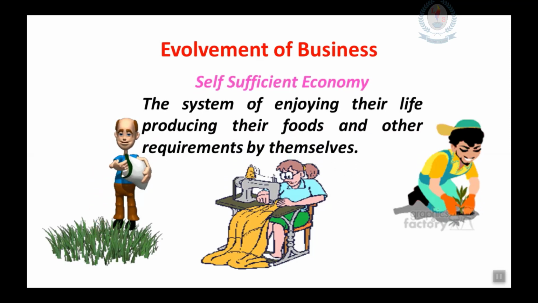It is called a self-sufficient economy. What is a self-sufficient economy? The system of enjoying their life, producing their foods and other requirements by themselves. They did not exchange things with others. They produce what they want.